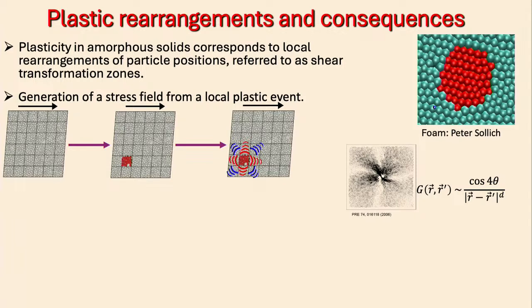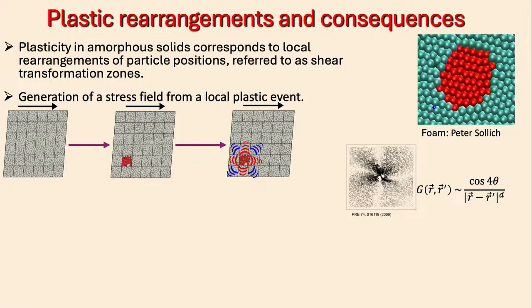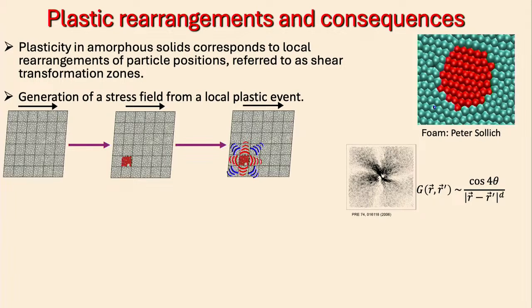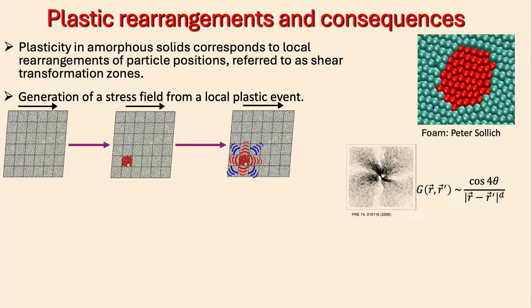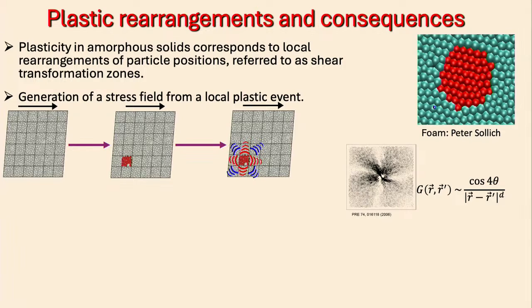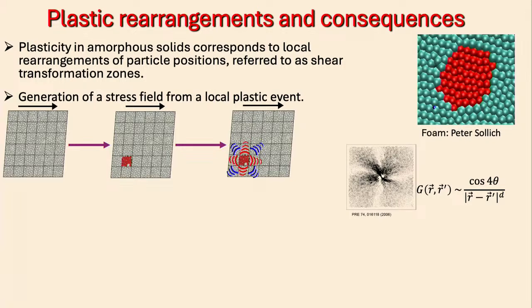However, what one does understand is that when there is such a localized plastic event in the surrounding solid, and this is something that people have discussed a lot, it has a 1 over r to the d variation with distance and spatial anisotropy of the form that's shown here.